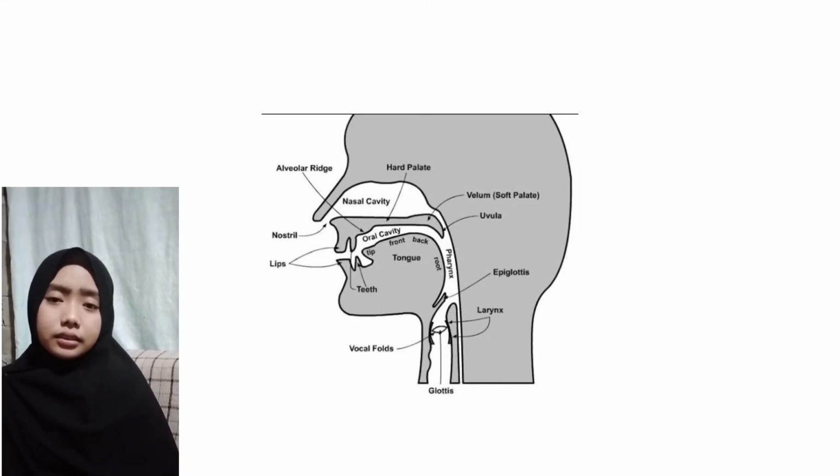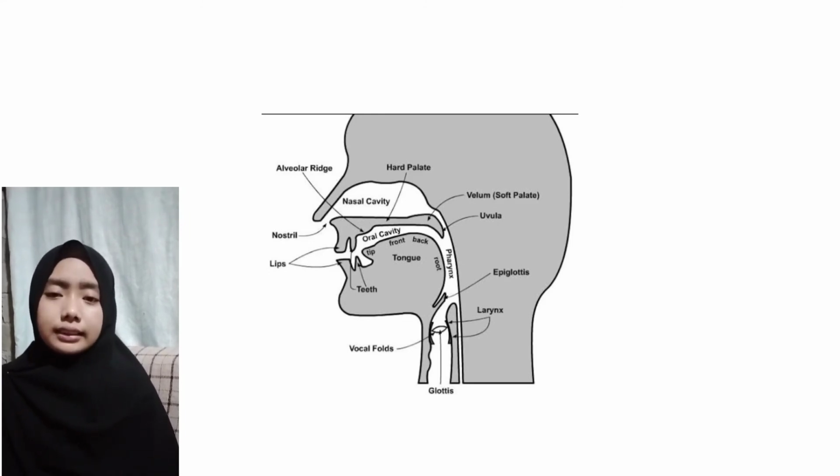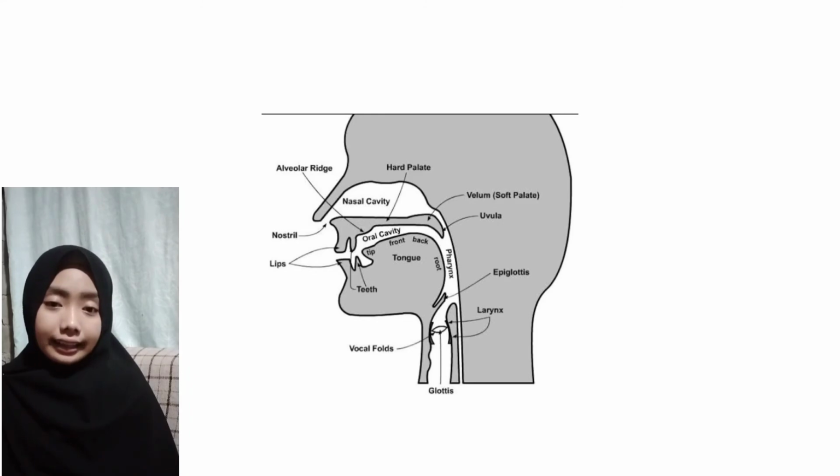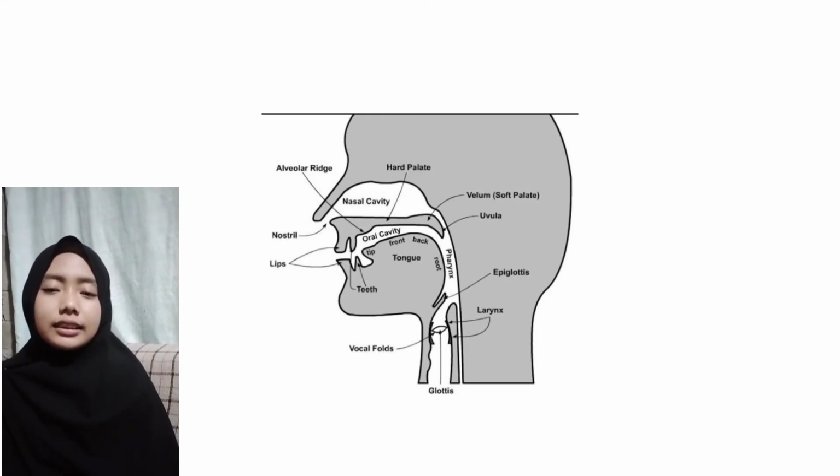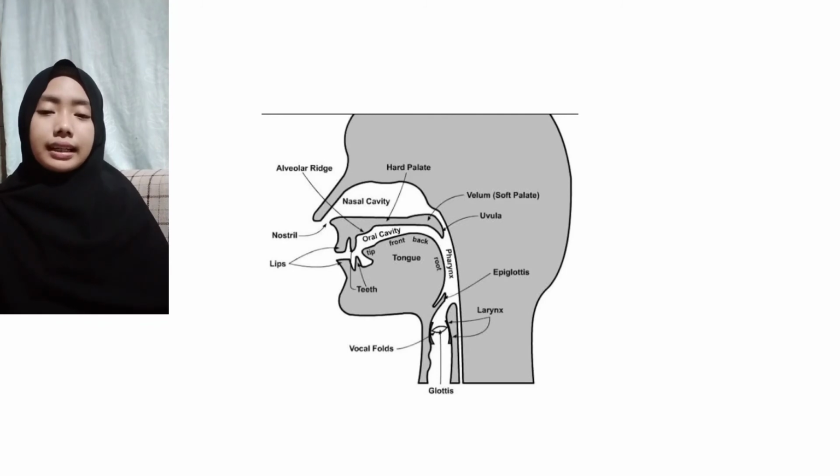Note that the N sound in this word is not made at the alveolar ridge, which is why it is distinct from N. The second is K, as in kite, kid, and bake. And then the third is G, as in good and bag. The fourth is W, as in wet and watch.